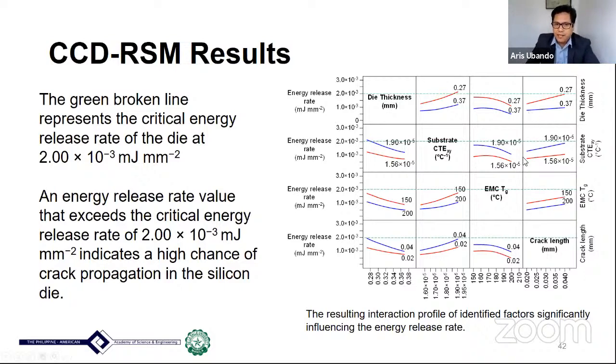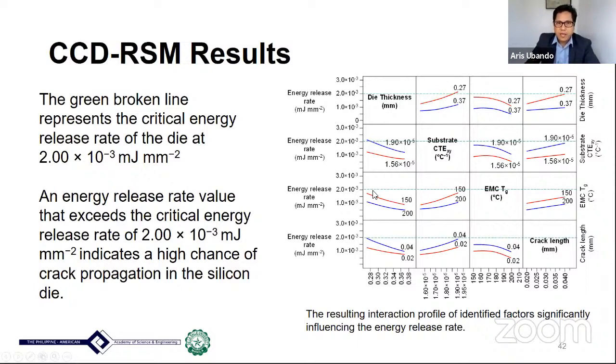And we have here the interaction results, and you can see here that for the combination of glass and the substrate CTE for X and Y, there is a huge probability that the crack would actually propagate.